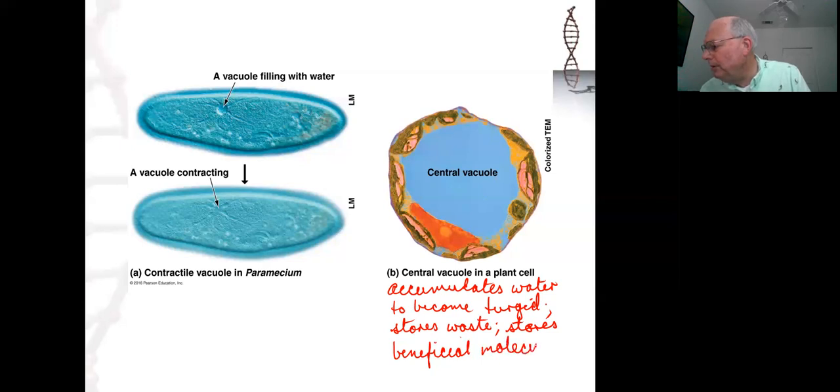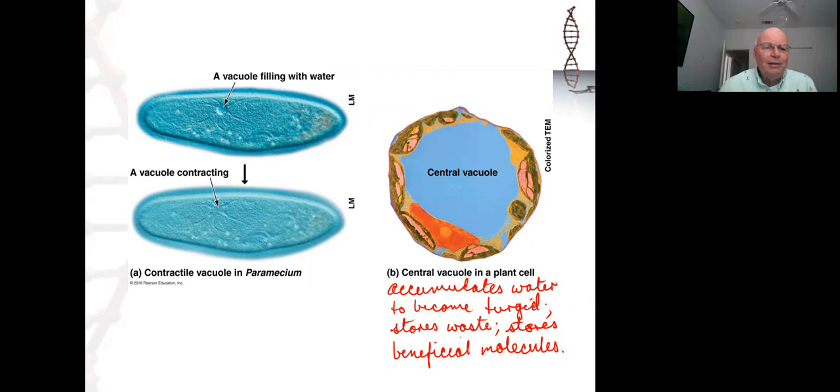So one thing to remember about plants is that they don't have a circulatory system or a waste disposal system like animals. So when they produce toxic waste, they can't get rid of it easily. So the way they deal with that is to store it in the central vacuole away from the cellular chemistry. But it can also store beneficial molecules.